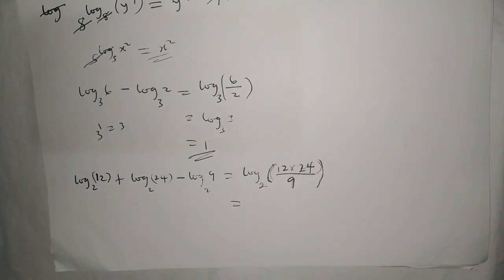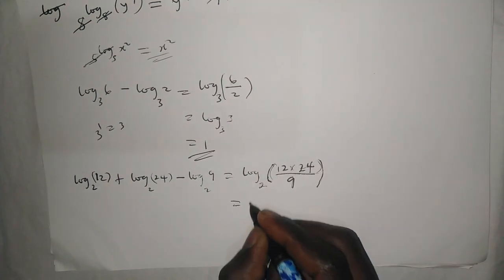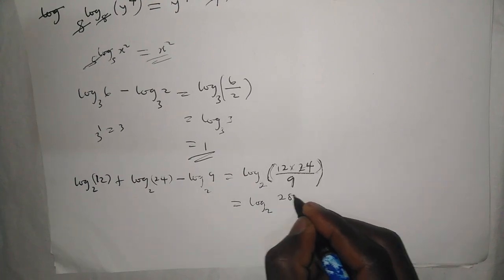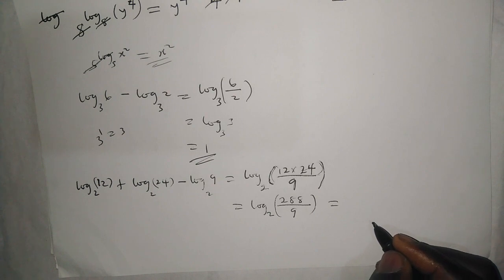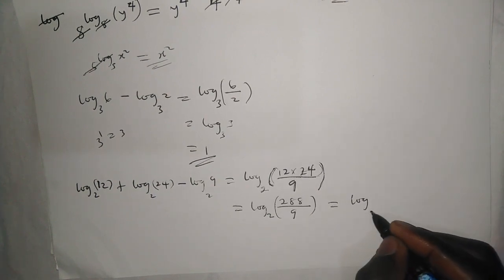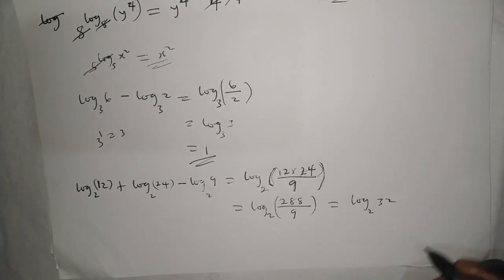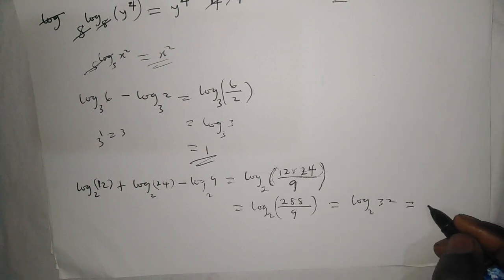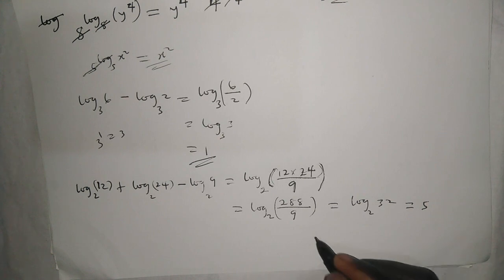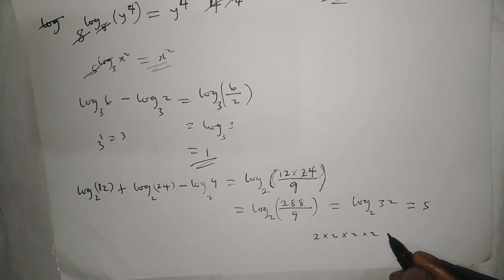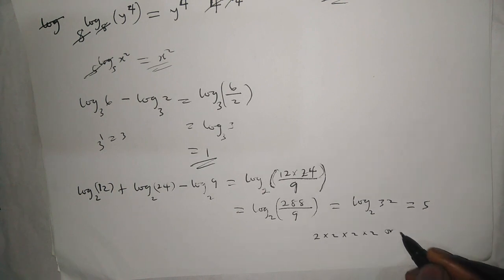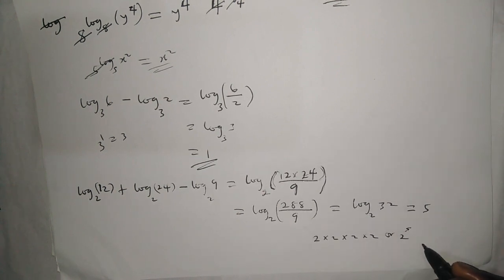Next, we know that 12 times 24 is 288, so we know 288 divided by 9 is 32. And we know log 32 base 2 is equal to what? 5. And that's because 2 raised to power 5 is equal to 32.